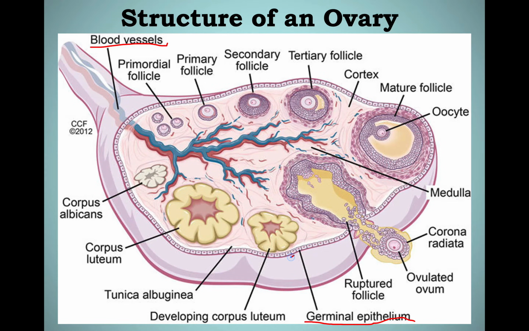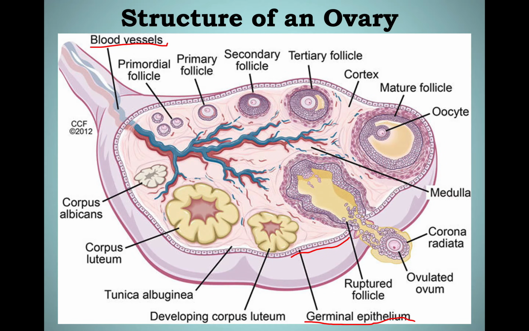Can you see the layer of germinal epithelium there? Each of these ovaries have this layer of germinal epithelium, right? What does the germinal epithelium do? Yes, it is always dividing. And when the germinal epithelium cells are dividing, it's going to develop egg cells. It's going to develop ova.